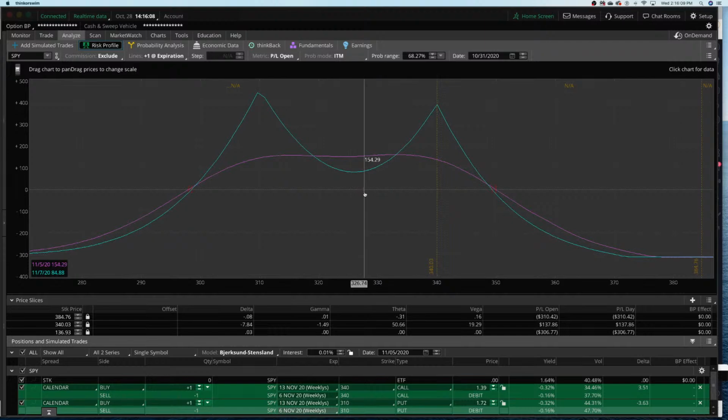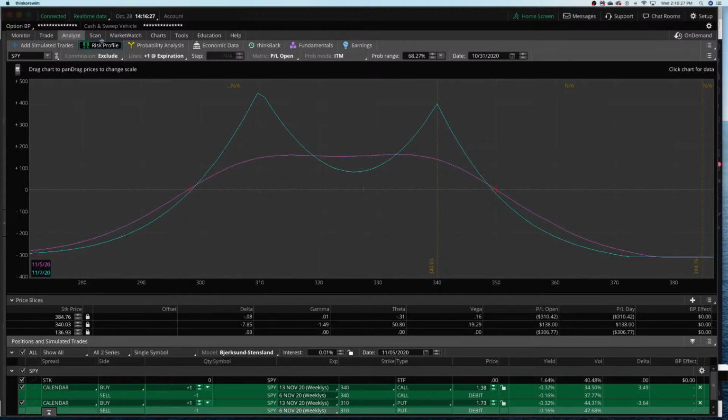So we can be profitable anywhere inside of this. And we can keep on doing that. We can keep on adding these calendar spreads if we think we're going to miss as we get closer and closer to the date. And then we can profit from that.